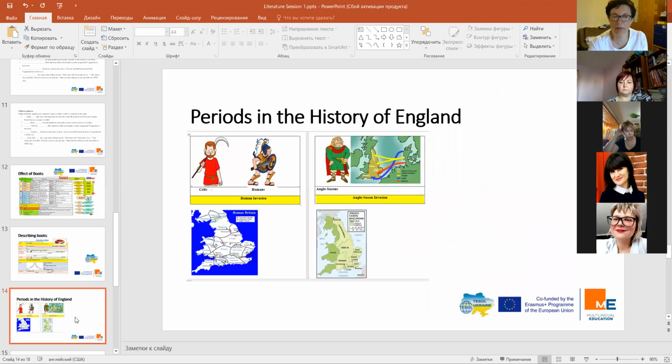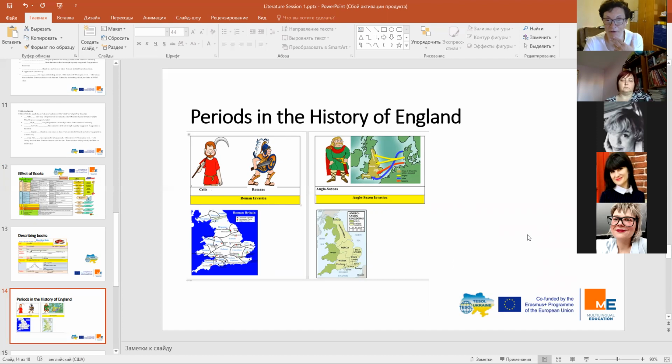We'll go through the periods in the history of England, and then we'll go back to the genres, and we'll try to understand how they developed and why we could talk about genres and connect them with the periods in the history of England. So these are the parts of the timeline, and who remembers at least something about the history of England?